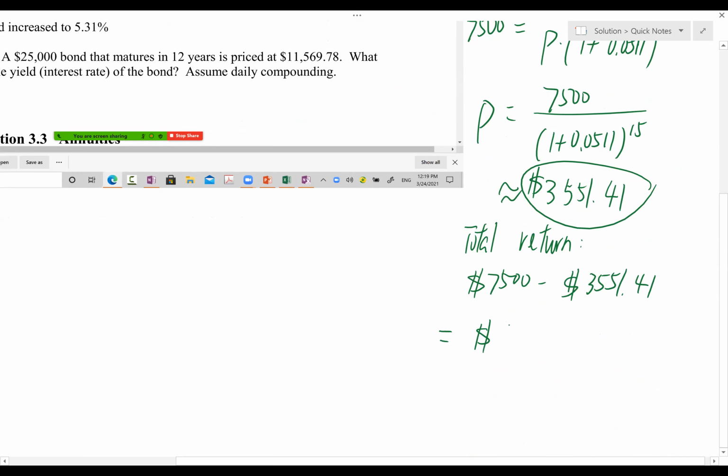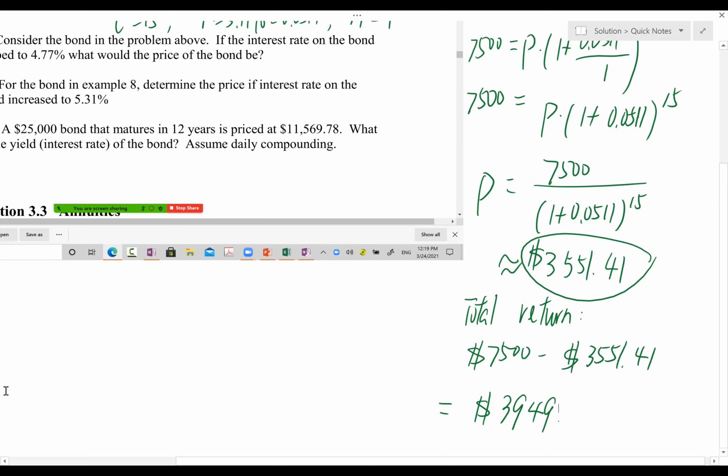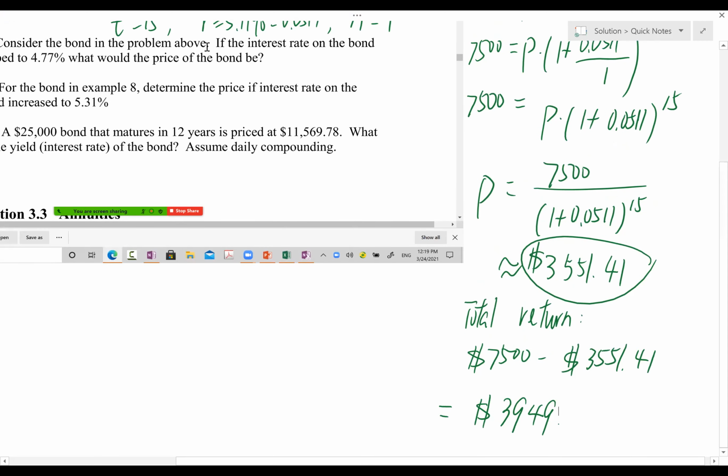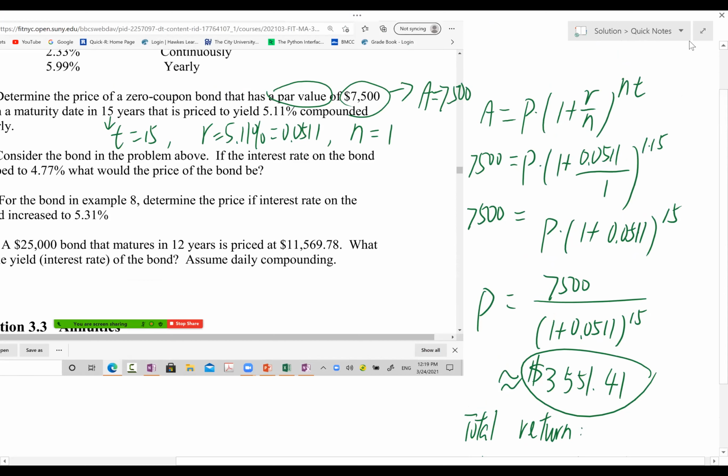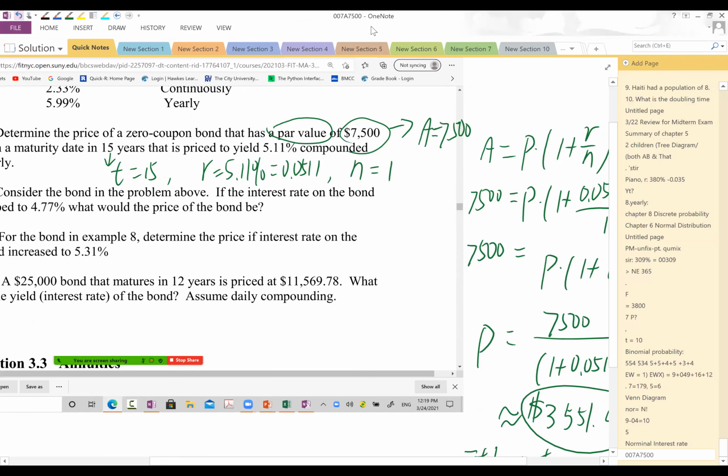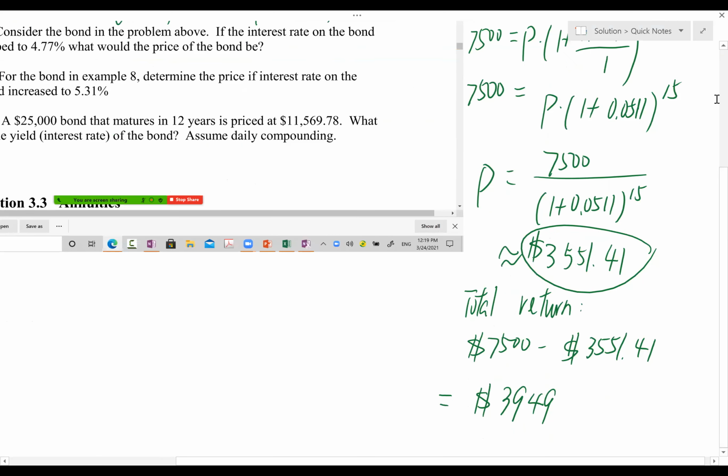So this should be $3,948.59. Okay, so this is the total return on this investment.